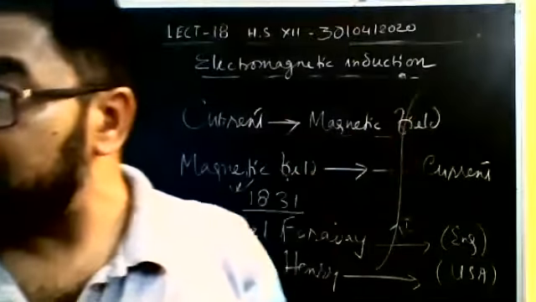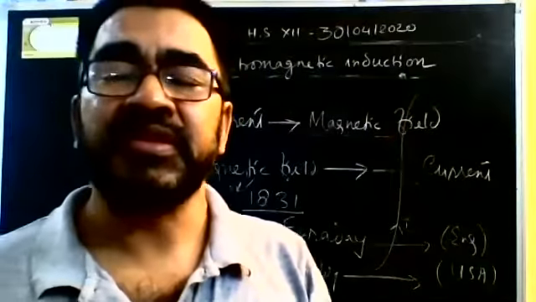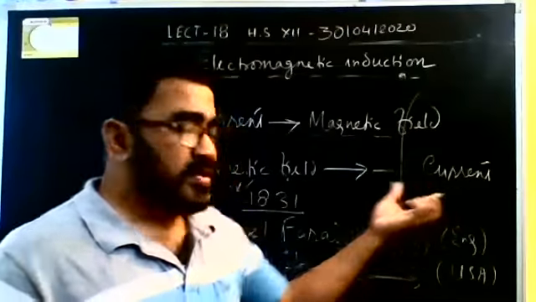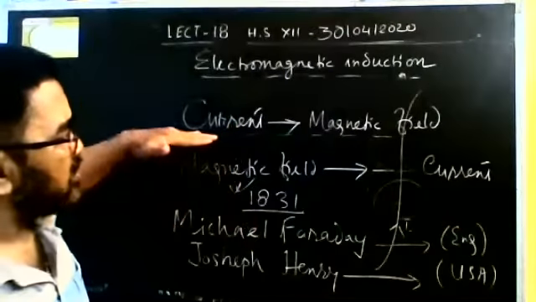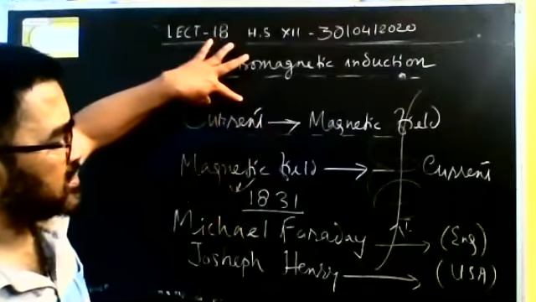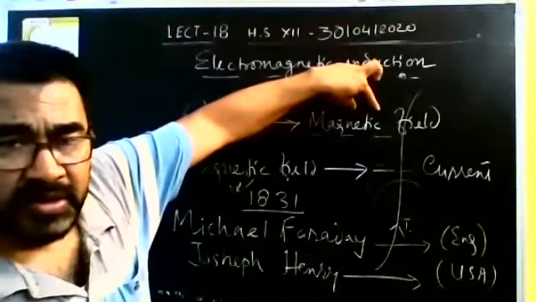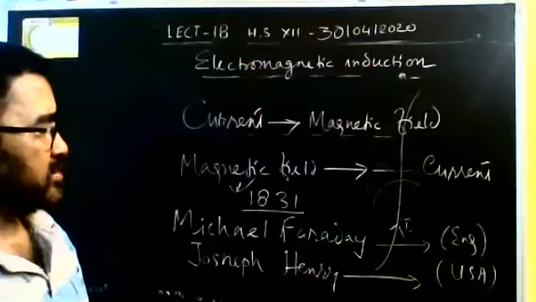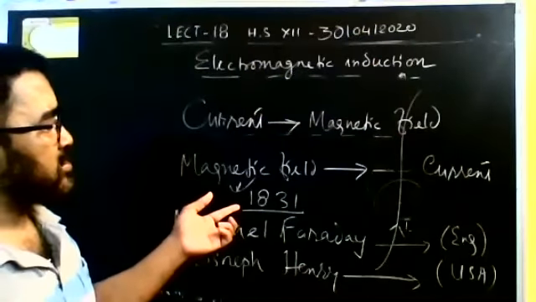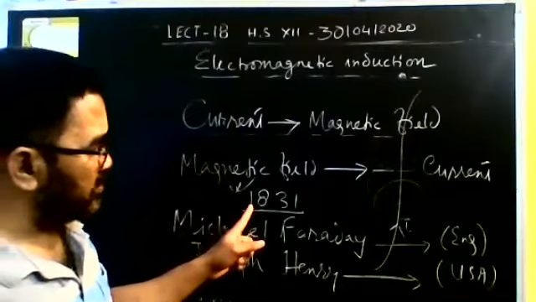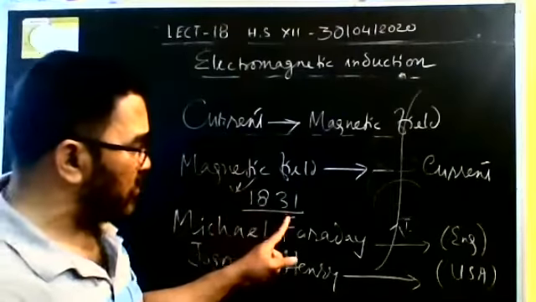That current is called induced current, right? So, so far we have studied that when current passes through a conductor, it produces a magnetic field. The alternate effect experiments started from 1831.